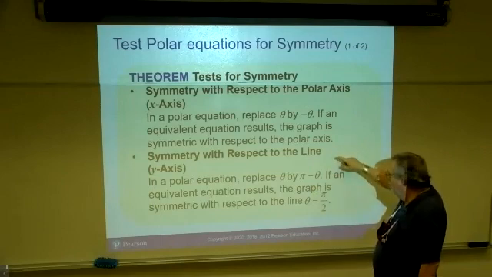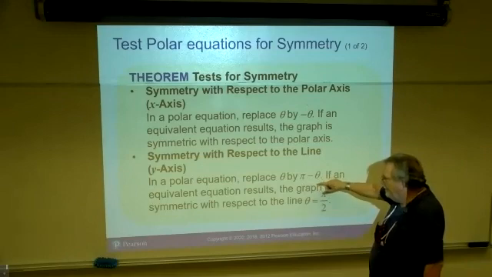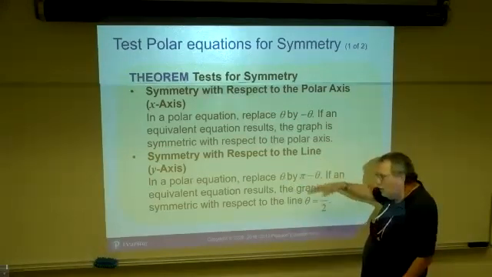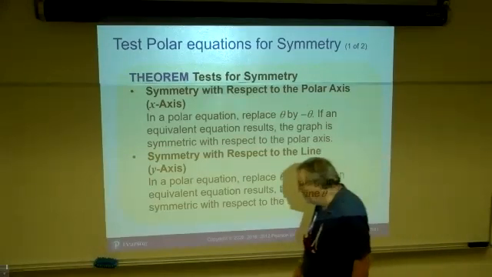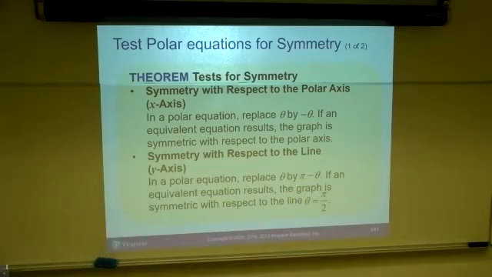Anyway, I don't need to worry about that right now. Then for the polar equation, if you replace theta with pi minus theta, and it works out to be the same equation once you simplify it, then it's going to be symmetric with respect to the line theta equals pi over 2.